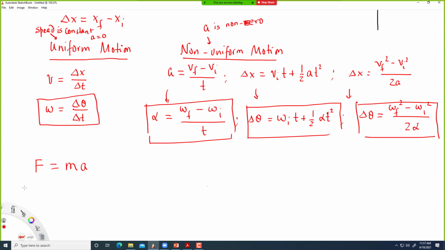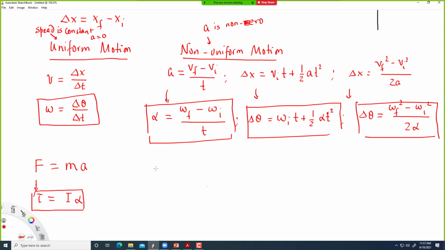No idea? Tau equals, okay, force is replaced by tau, and then the mass is replaced by inertia I, yeah. A is replaced by alpha, yes. Good.